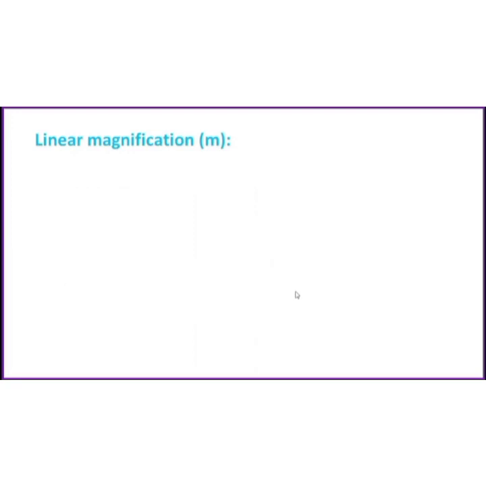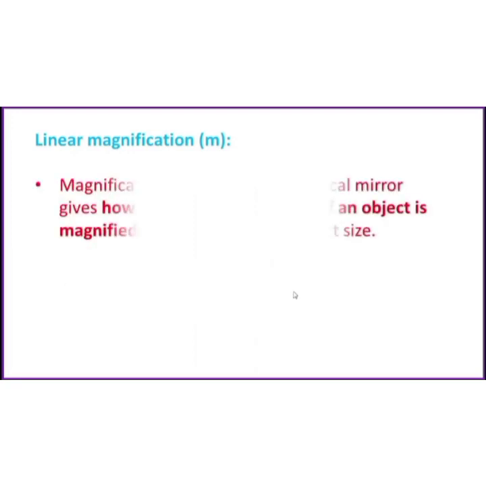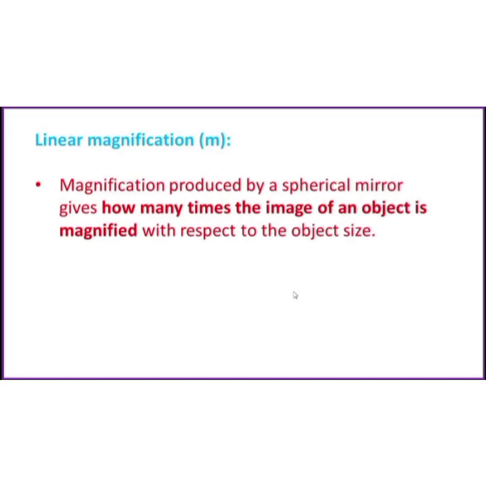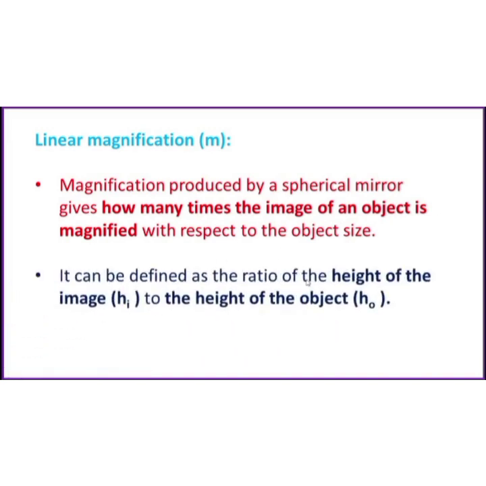It is indicated by the letter M, small m. Magnification produced by a spherical mirror gives how many times the image of an object is magnified with respect to the object size. It can be defined as the ratio between the height of the image, hi, I indicate image height, to the height of the object, ho.